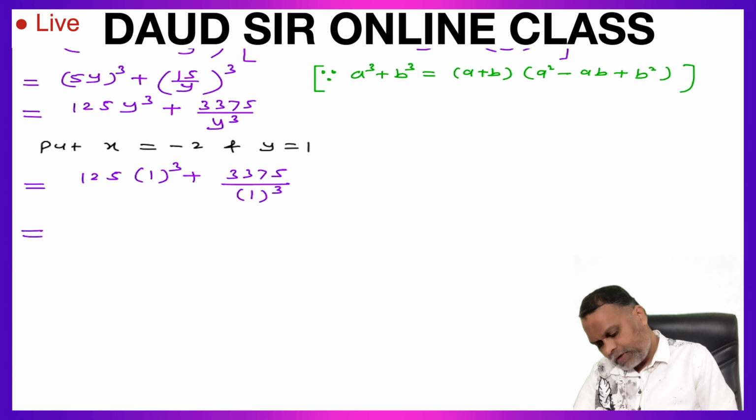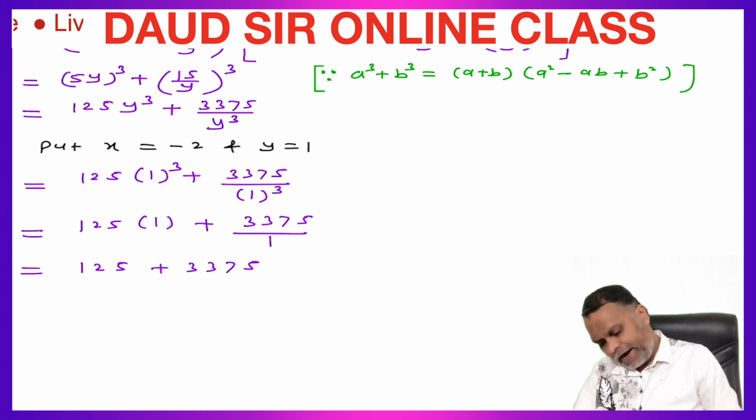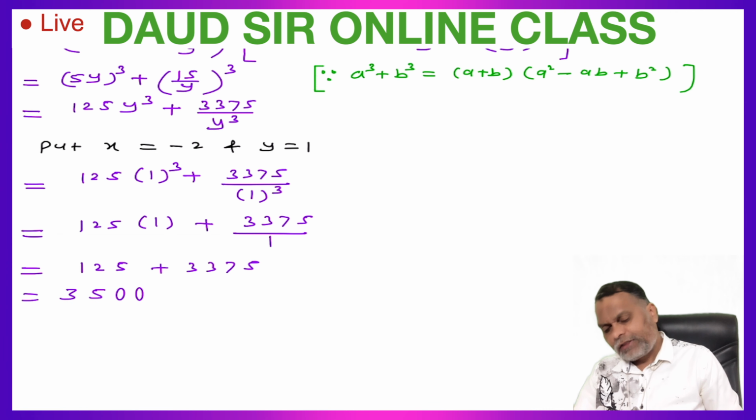Simplify this. 125 into 1 cube 1 plus 3375 1 cube 1, which is equal to 125 into 1 125 plus 3375. Add this, 5 plus 5 10, 7 plus 2 9 1 10, 1 3 1 4 1 5, and this 3 as it is. 3500 is the required value of given.